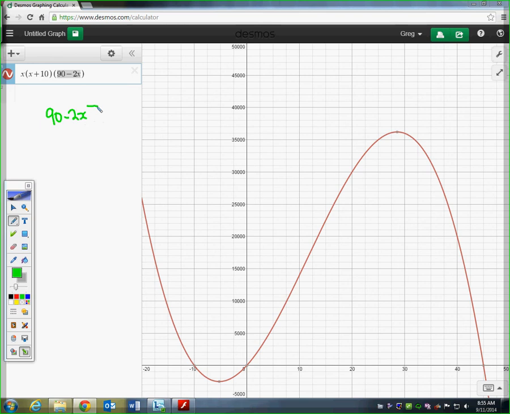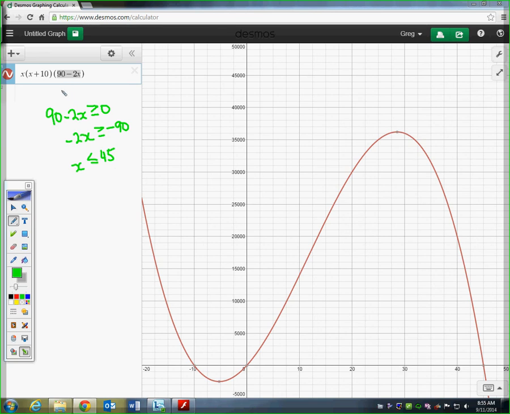So in other words, it has to be greater than or equal to 0. So minus 2x has to be greater than or equal to minus 90. When I divide both sides by negative 2, I have to remember to change the sign of my inequality. So x has to be less than or equal to 45.